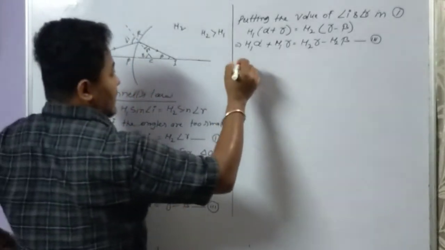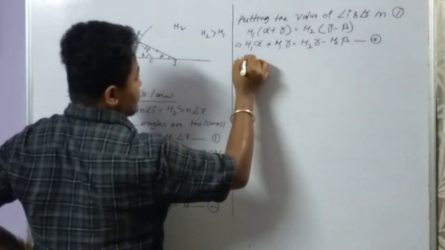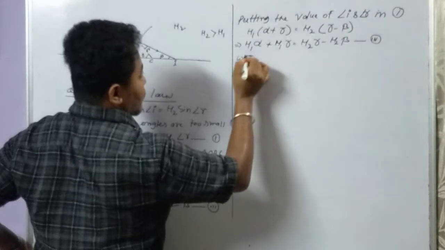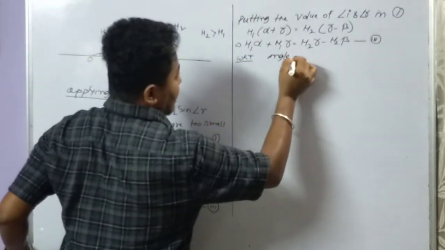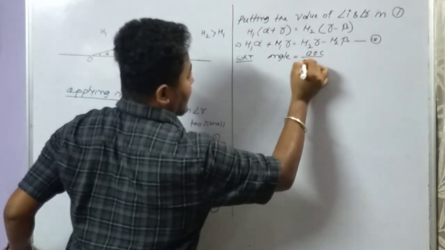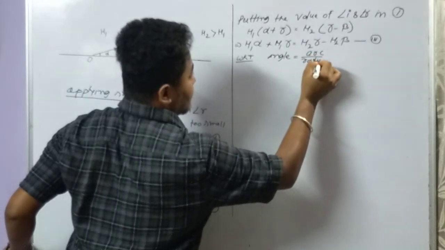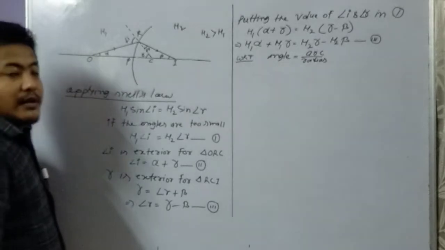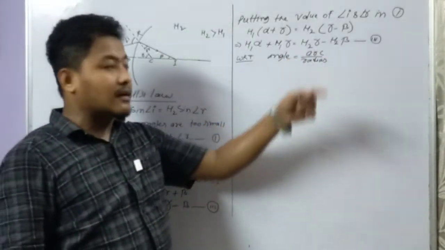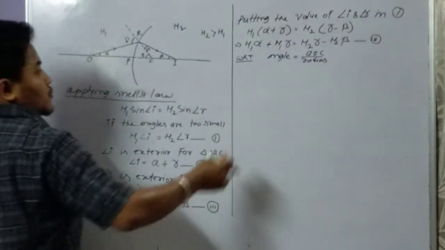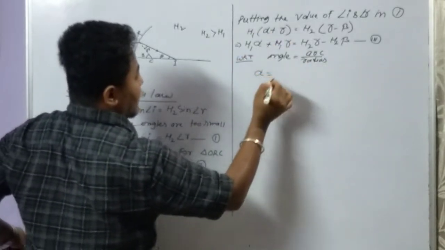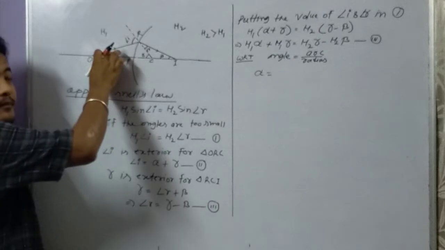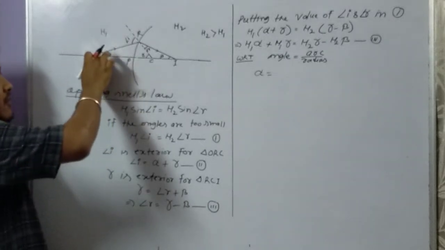Now we can also find out, we know that angle is equal to arc upon radius. This formula you have found already, that angles can be found by arc by radius. So by applying this formula, how can I find the alpha angle?